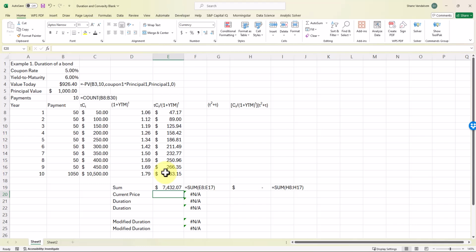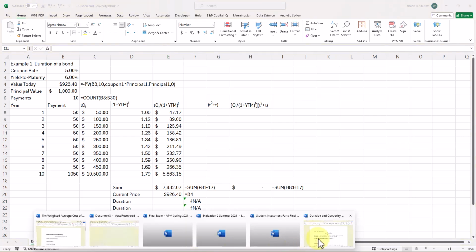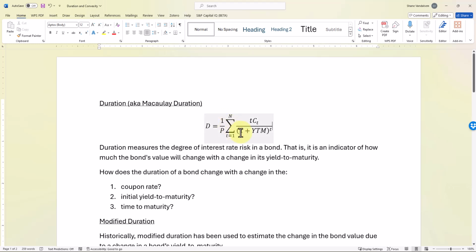And then we're going to take the current price and take that sum divided by the current price. Taking the sum and multiplying it by 1 divided by the current price gives us our equation here.